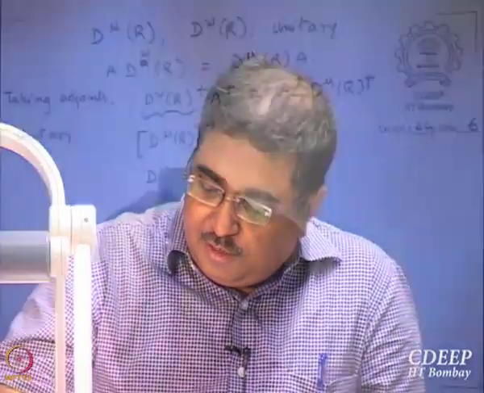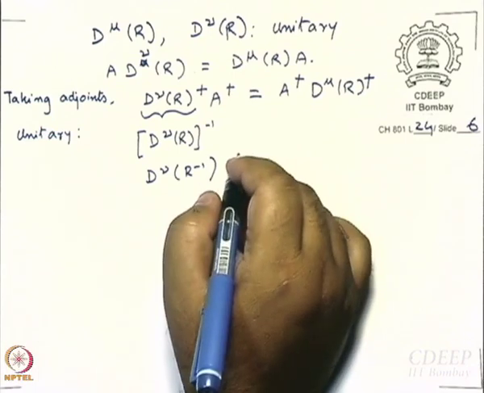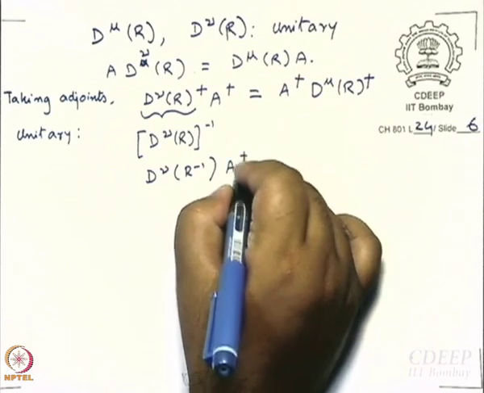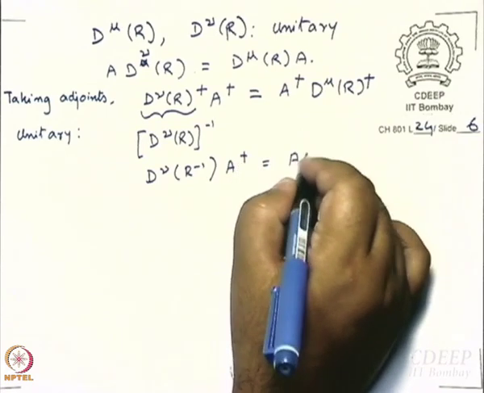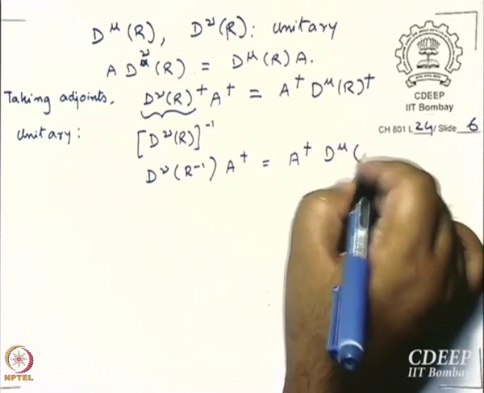So, the inverse matrix of the transformation matrix of C3 is the transformation matrix of C3 square. Remember? Because when you multiply them, you must get the unit matrix, right? So, I can write d nu r inverse A dagger is equal to A dagger d mu r inverse, all right.